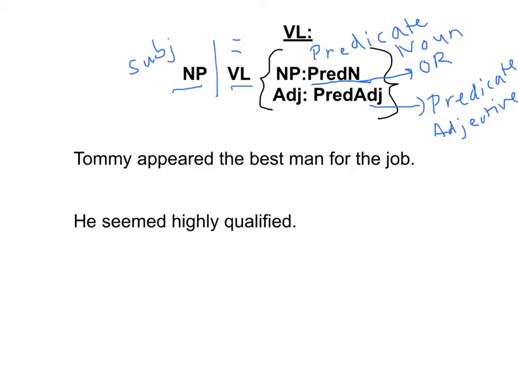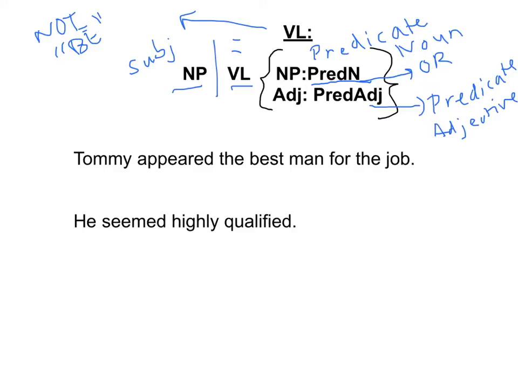Okay? So, let's take an example. Every single sentence that has a linking verb, and remember that a linking verb is not a be verb, and you will see why. Okay? So, a linking verb can have behind it either a noun that is operating as a predicate noun, or it can have an adjective that's serving as a predicate adjective.